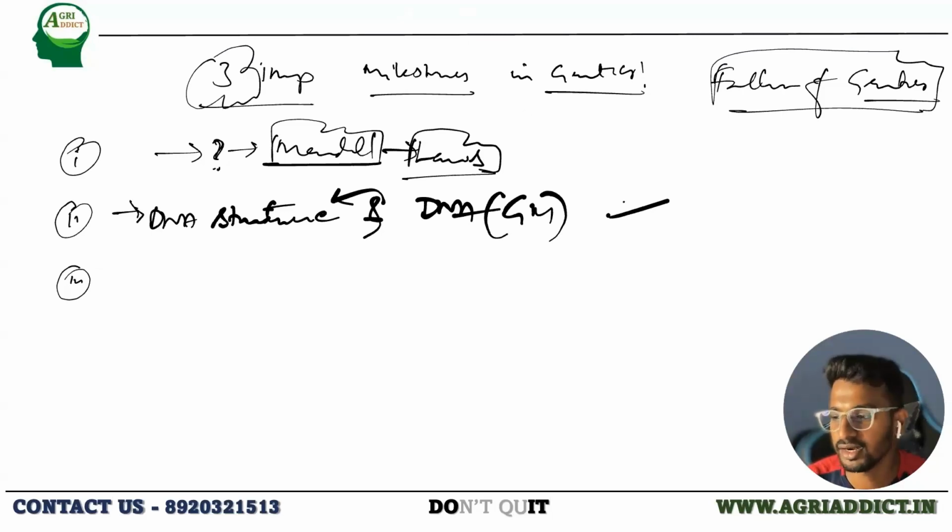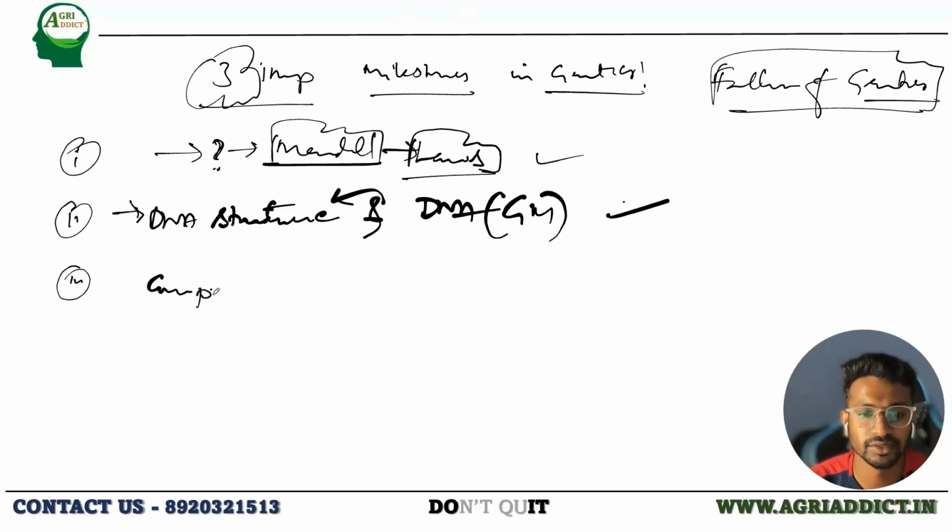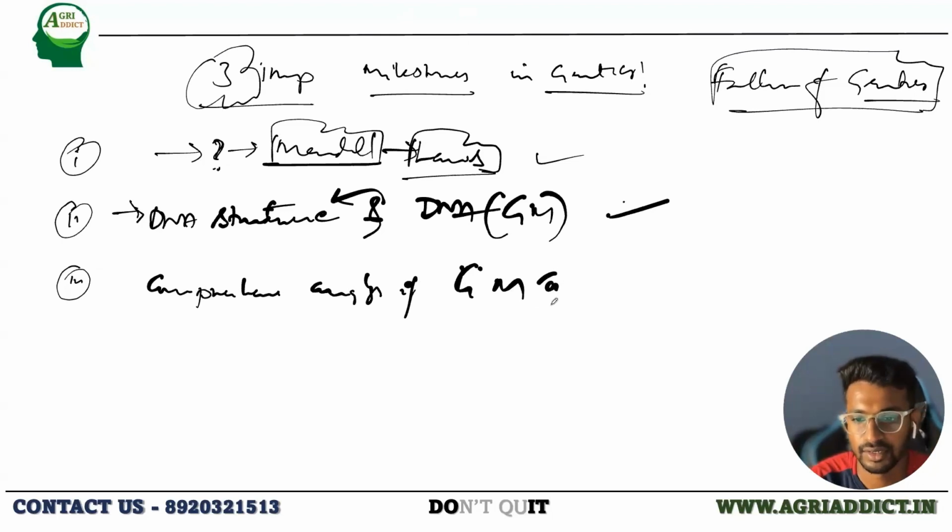So the first and second milestones are done. There is the chromosomal theory of inheritance, and they are the important ones. But when we talk about the milestones, these are the two. So what about the third one? Lac operon is one thing, but collectively it is the comprehensive analysis of the genetic or hereditary material.